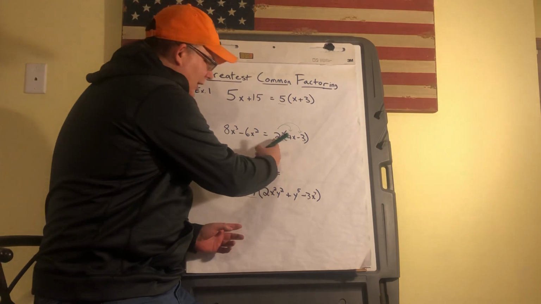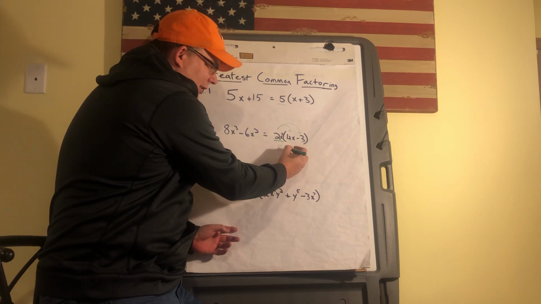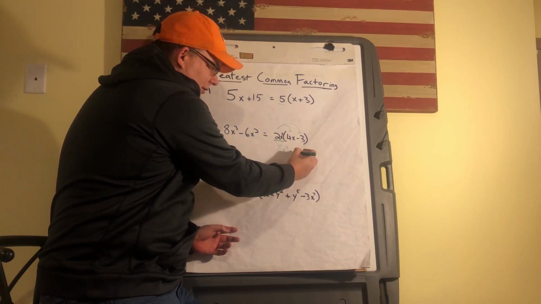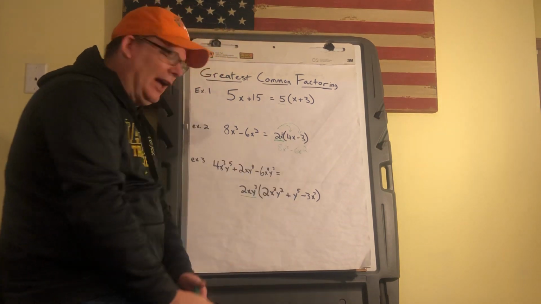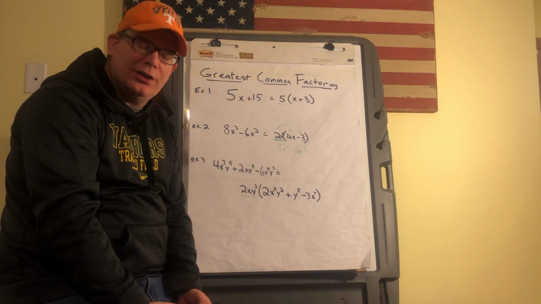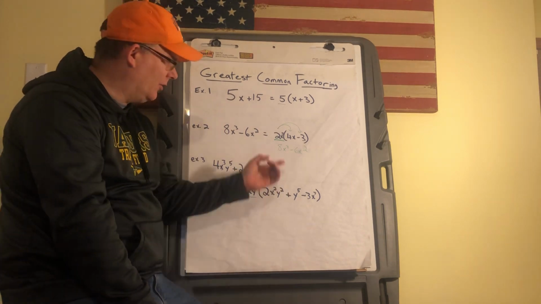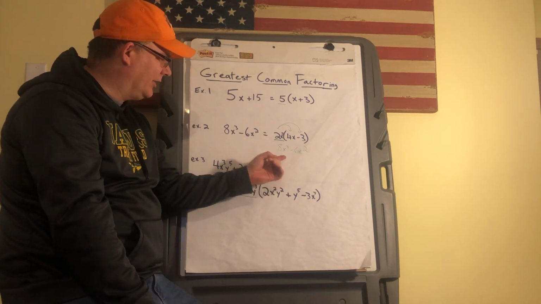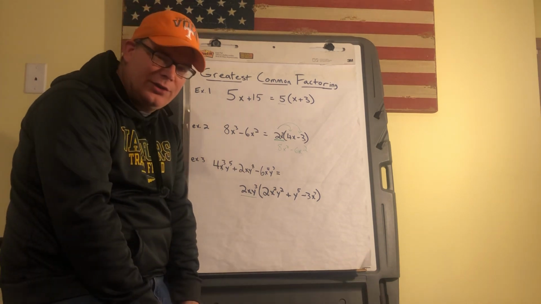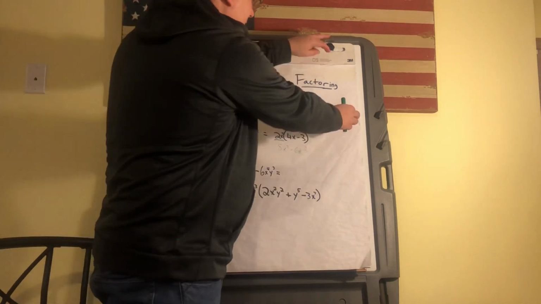So in this case, if we multiplied this out, you could check your answer essentially by what you have written as the factoring is actually the original problem written in a different format. So your answer should actually be equivalent to what we started with, and hopefully that will be what we work from.